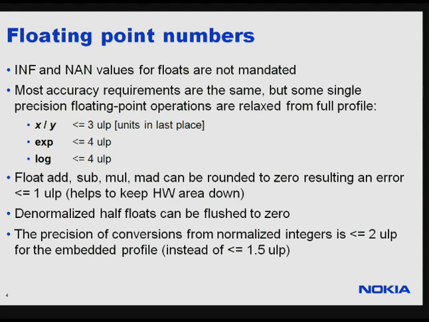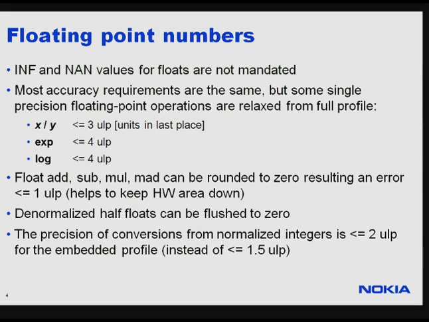But floating point numbers, first of all, the infinities and not-a-number values. You don't have to do everything that the IEEE spec requires. You can make a simpler version of your floating point hardware that saves on silicon area and power consumption. Also, accuracy requirements are relaxed.